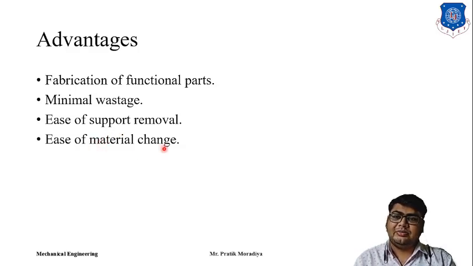So for the same machine, you can use PLA also, and you can use ABS also, which is not very common for rapid prototyping techniques, because in most rapid prototyping machines, if you want to make a change of material, you will do it only by making large modifications in the machine, which is not the case with FDM. We can easily change the material.